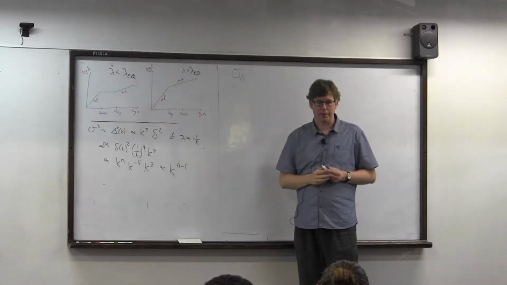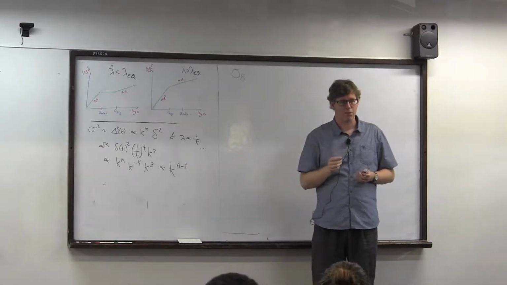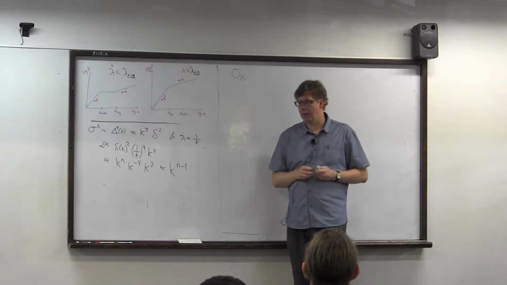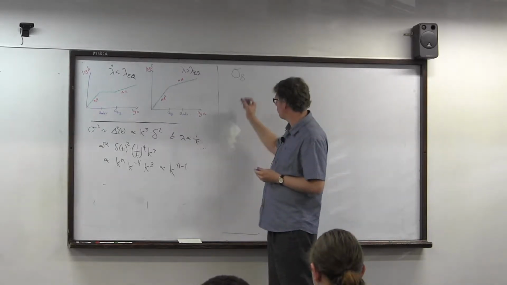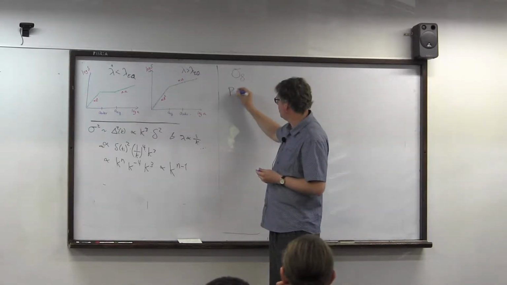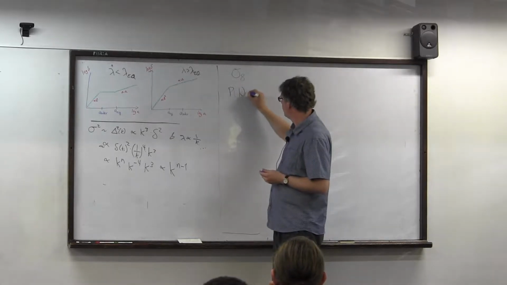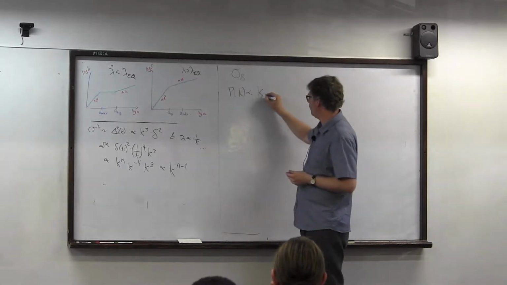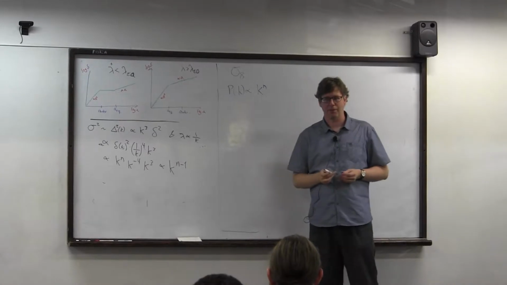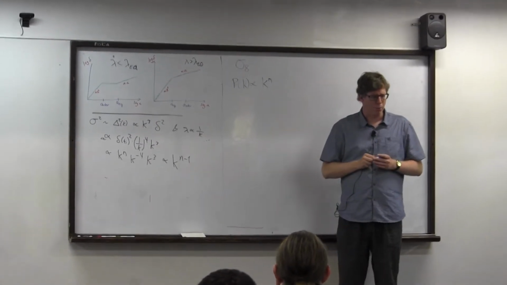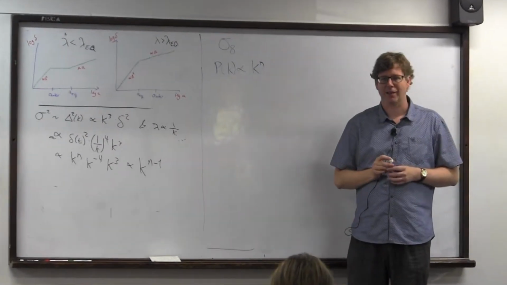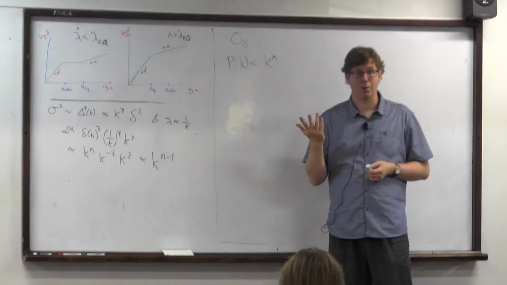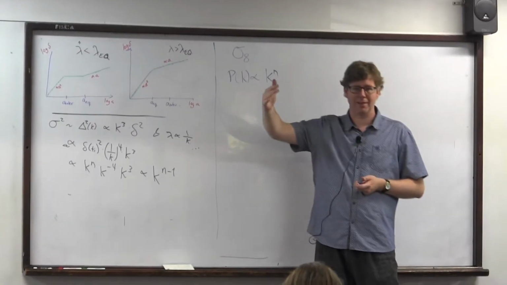People use this all the time. And the reason why it's important is that all the time what I tend to write is things like P of k is proportional to k to the nth power. I write proportional to, and that's sometimes okay if you're interested in trends.